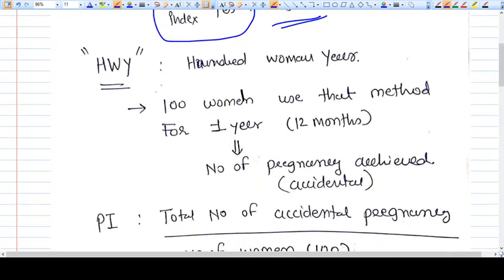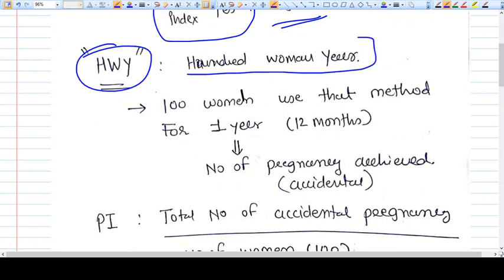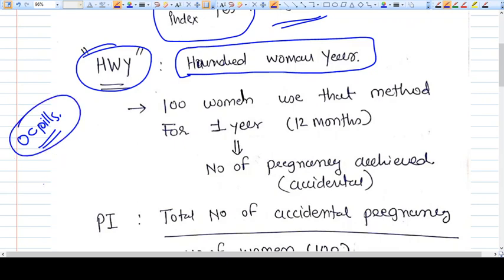Now let's see the unit in which the Pearl index is measured. That is HWY, that is 100 woman-years. Now what is 100 woman-years? Suppose we have OC pills, oral contraceptive pills, and we want to measure the Pearl index of that. So what will we do?